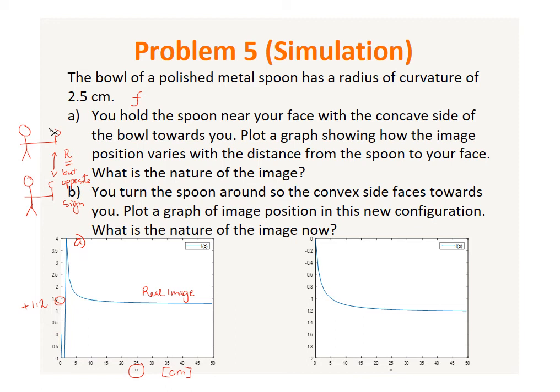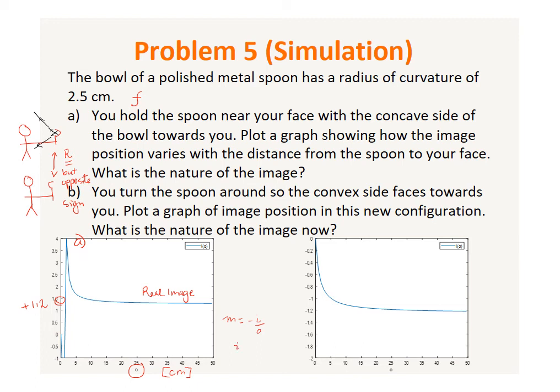But also what our eyes do is our eyes make sense of diverging rays. So as these rays continue to diverge, your eye will see that as coming from an object that is located just 1.2 centimeters in front of the spoon. So you're going to see an image of yourself just in front of the spoon.